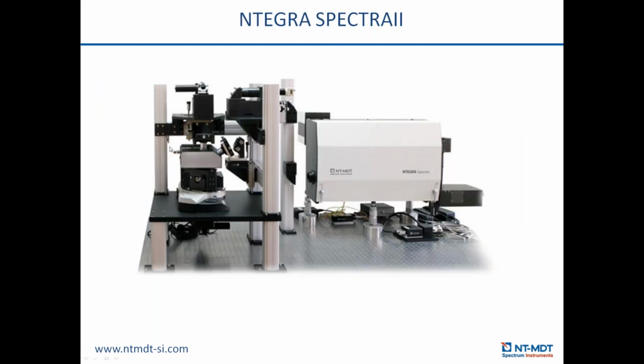On this slide, I show how the Integra Spectra, actually Integra Spectra 2, looks nowadays. Here we have improved the AFM performance very much, because it's very important to keep the tip and the sample in good and stable contact, without compromise of the AFM part.